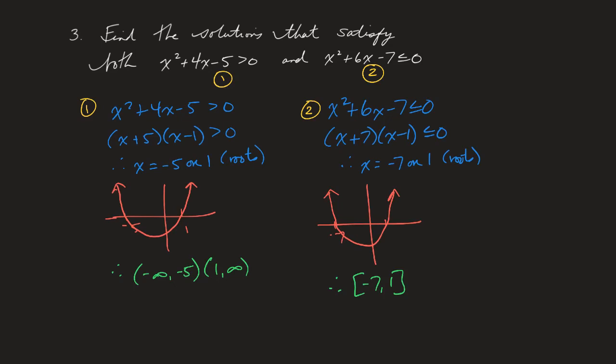But I haven't addressed which solutions satisfy both. And so now I'm going to jump up onto the right, and I'm going to work through the both aspect. Some people could just look at those two green statements and go, okay, the first one, my x values are less than negative 5 and up from 1, and my other ones are in between.